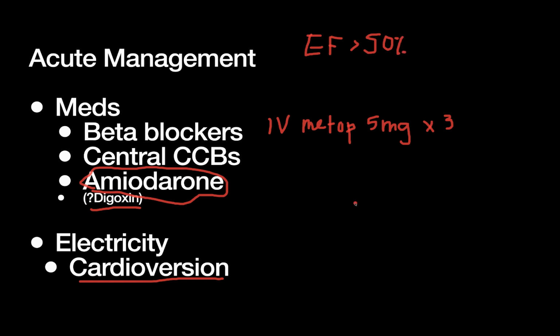If their ejection fraction is less than 50%, I would avoid calcium channel blockers. These have a really potent negative inotropic and chronotropic response, and they can cause really profound hypotension in someone with a reduced ejection fraction.